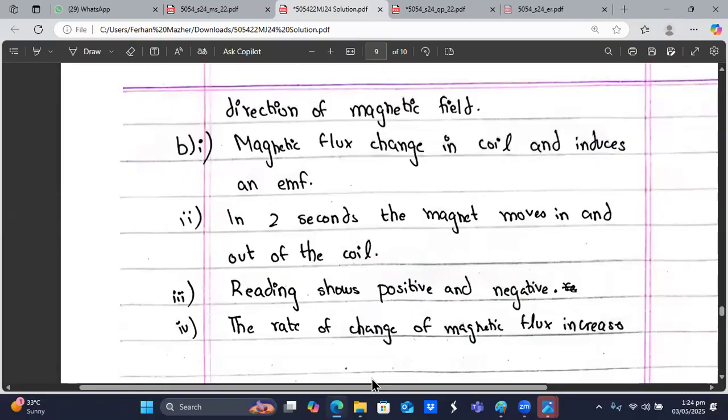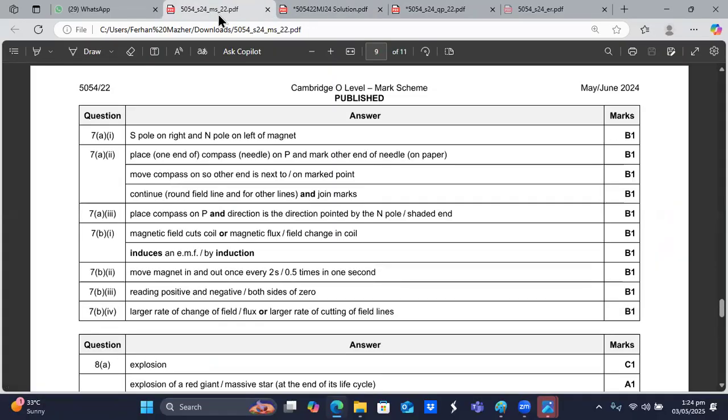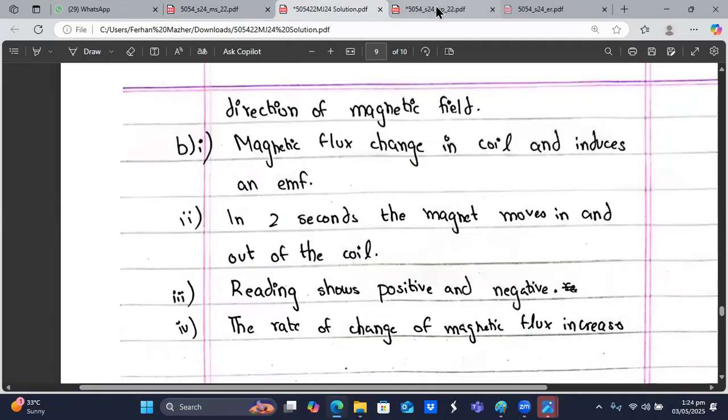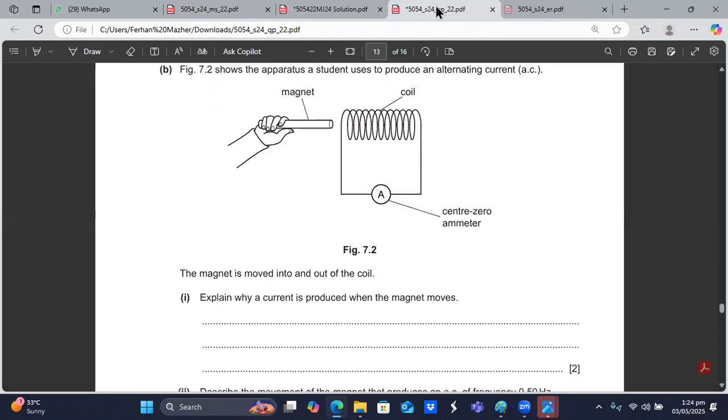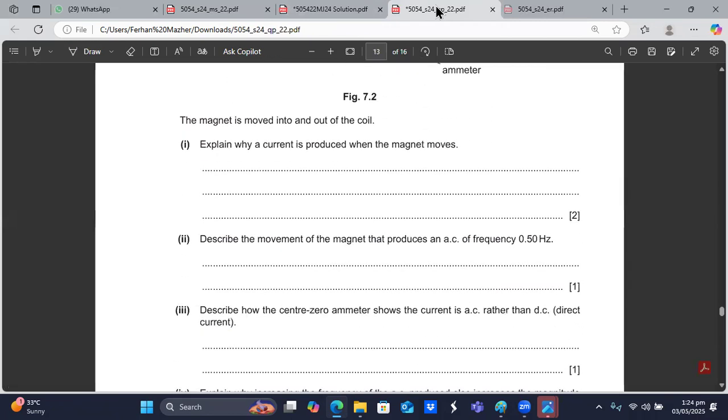It is the very simple, straightforward answer. Magnetic field cuts the coil, or flux change in the coil induces an EMF by induction. So I hope you understand this very famous idea on which this question has been asked.